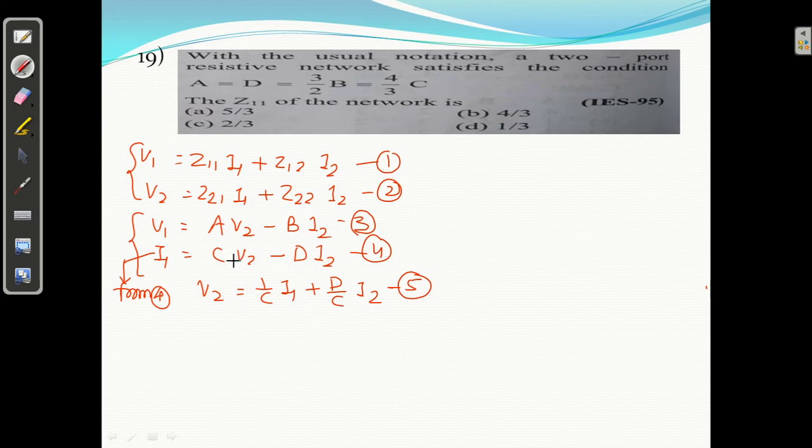If you compare 2 and 5, V2 equals Z21 I1 plus Z22 I2, we have seen this theory also. Z21 equal to what? 1 by C. And Z22 equal to what? D by C.